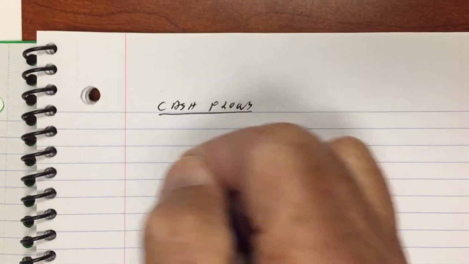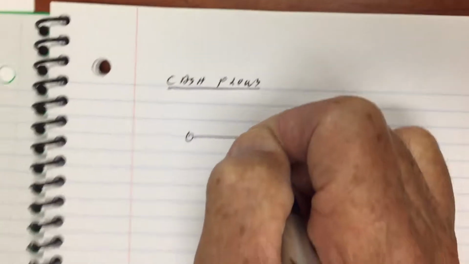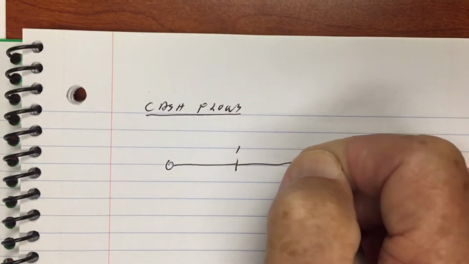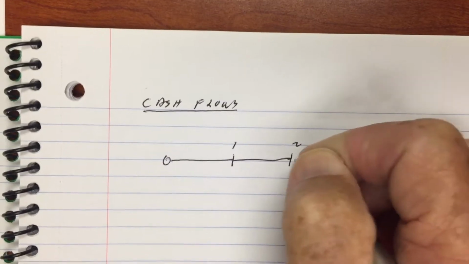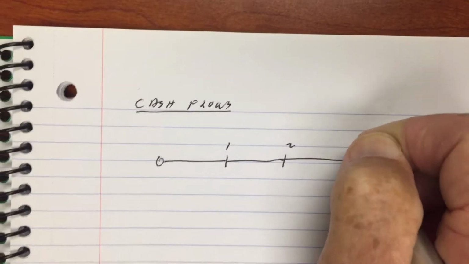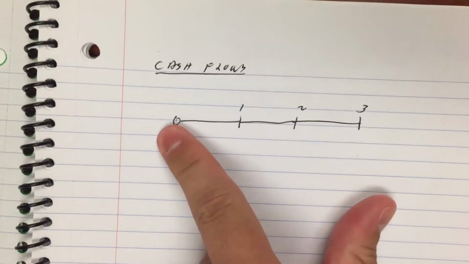The payment's going to be $9 per year. So we get period 0, 1, 2, 3.